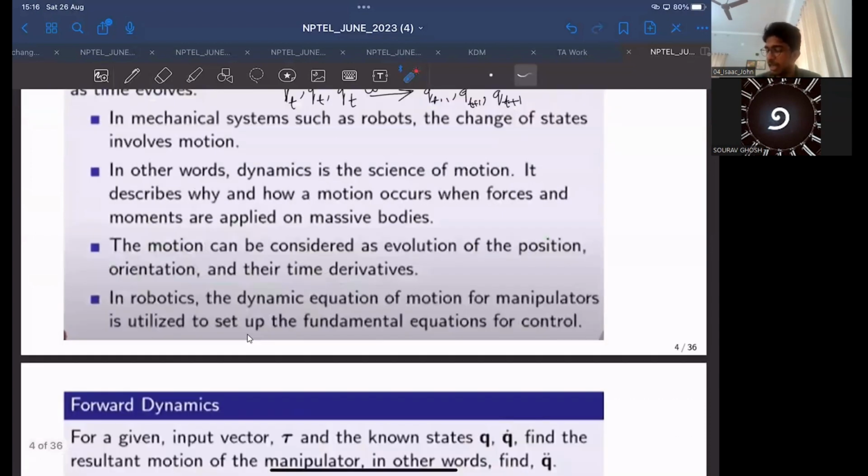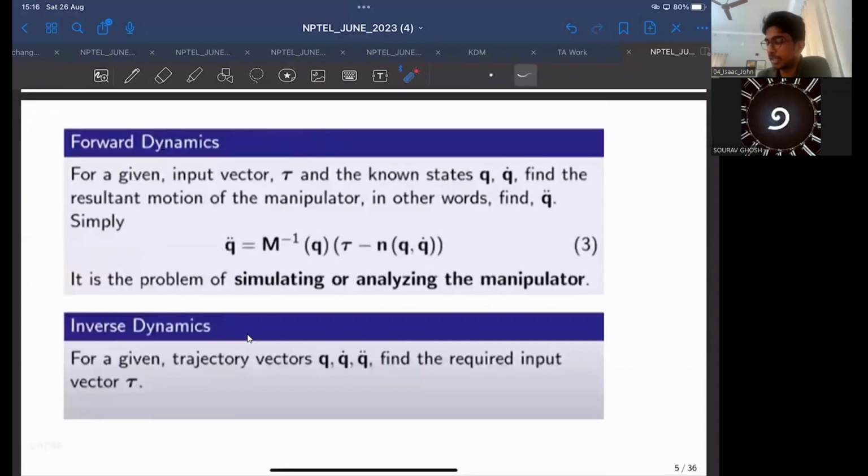Just like what we have discussed in kinematics, we also have two key terms called forward dynamics as well as inverse dynamics. If you can recall, we had forward kinematics.